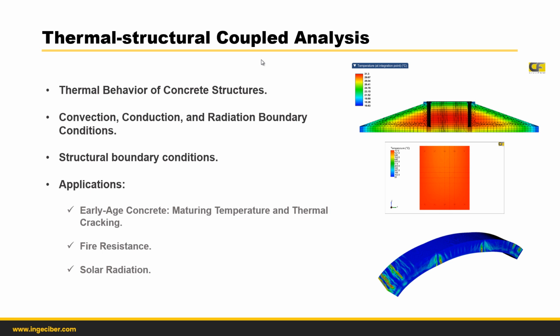The applications of these analyses are, as we have seen, early age concrete, both maturing temperature and thermal cracking, fire resistance, and solar radiation, which wasn't explained today, but of course it can be developed in CivilFEM.